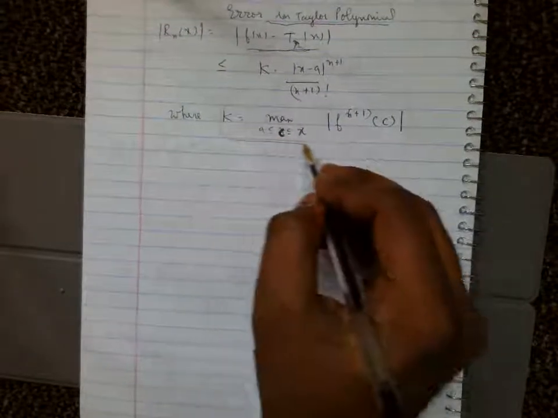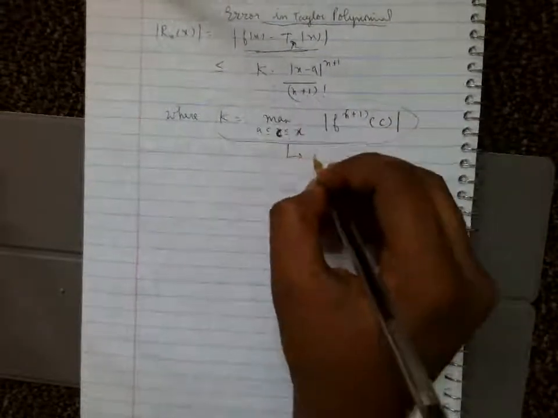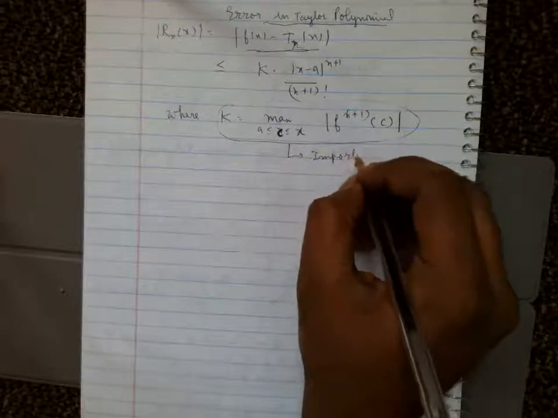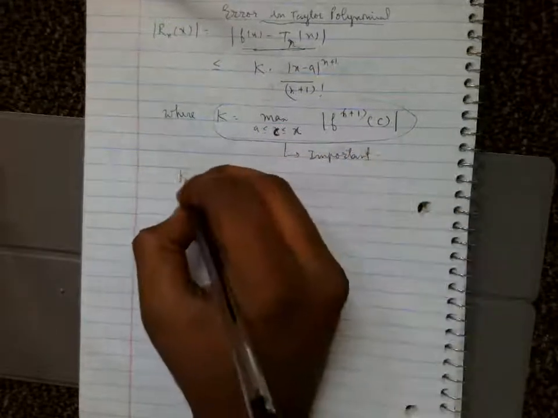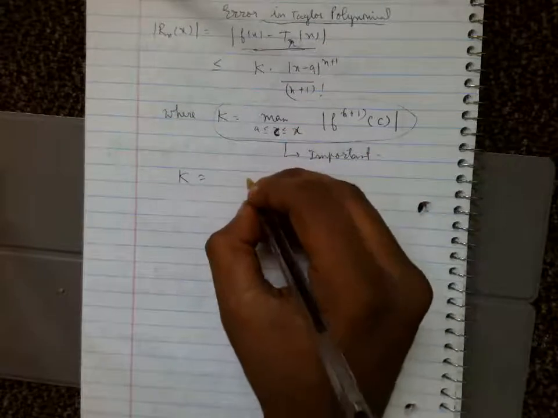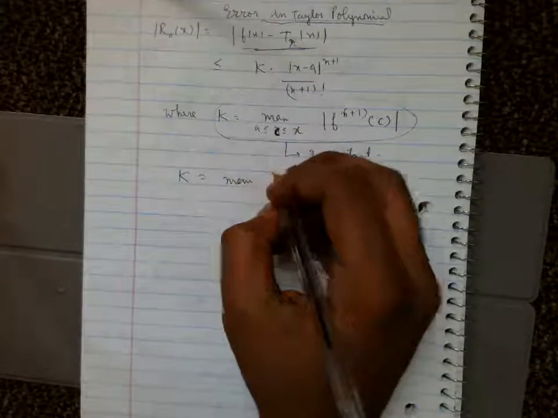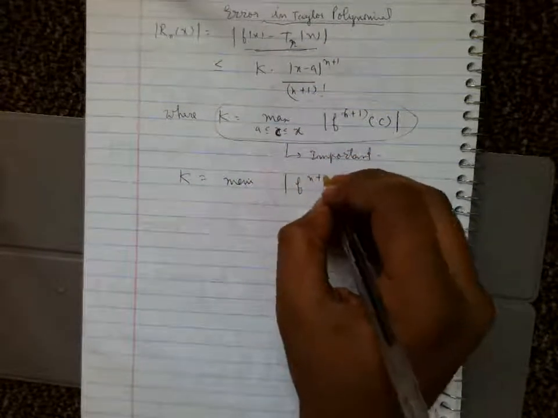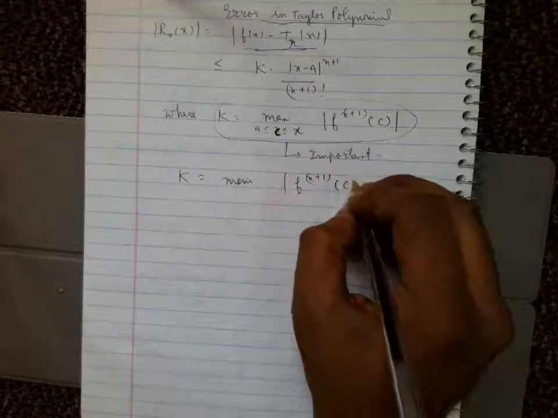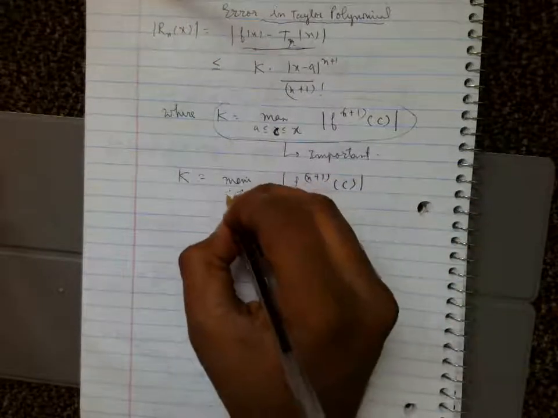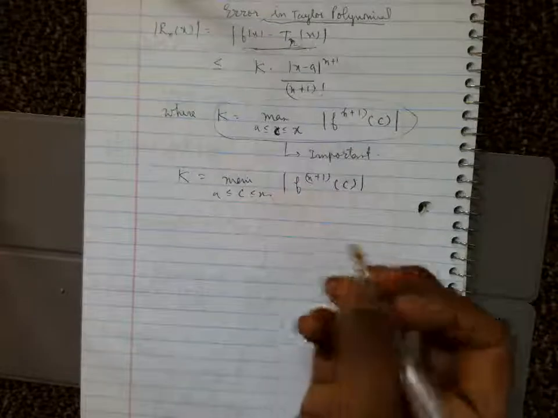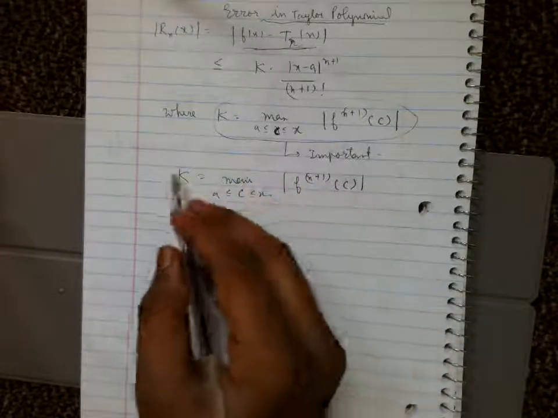It is important that you remember what the value of K is. K is essentially the maximum of the n plus 1 derivative of f evaluated at c, where c lies between a and x.